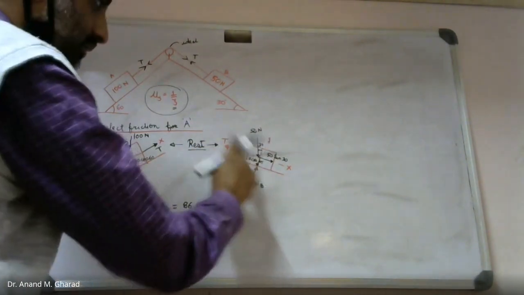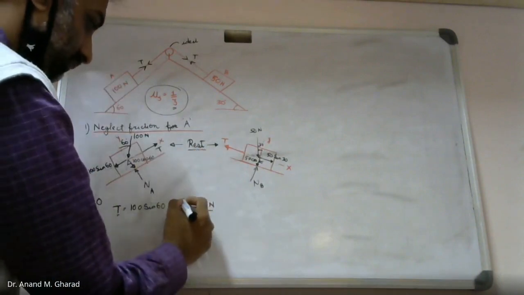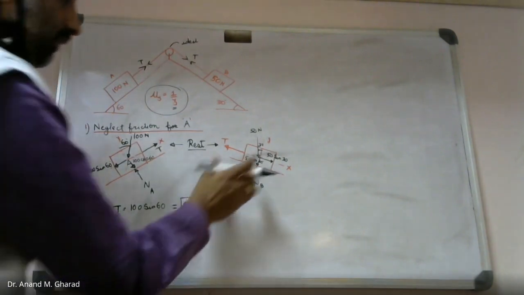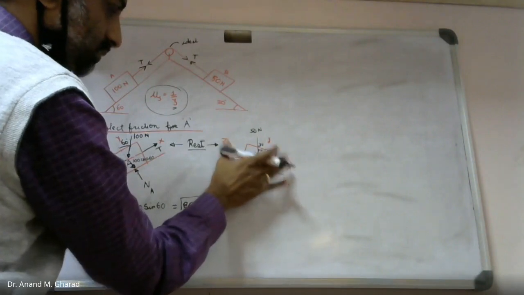This being at rest, let me say that by virtue of this tension force, what will be the net amount of force which will be acting on this block B?